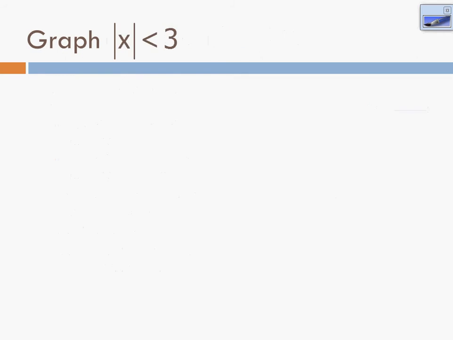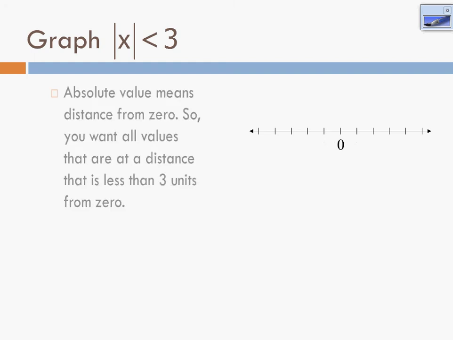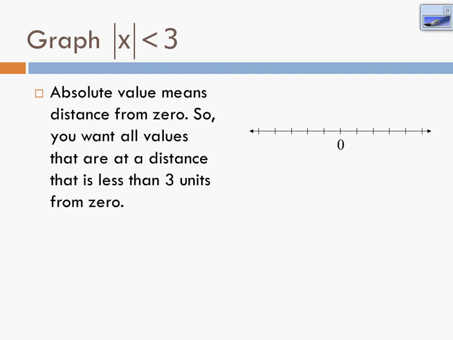And here we're going to look at absolute value. The absolute value of x is less than 3. So if we remember, absolute value means a distance from 0. So we could read this as all values that are at a distance that is less than 3 units from 0. So we want all values that are within 3 units from 0.